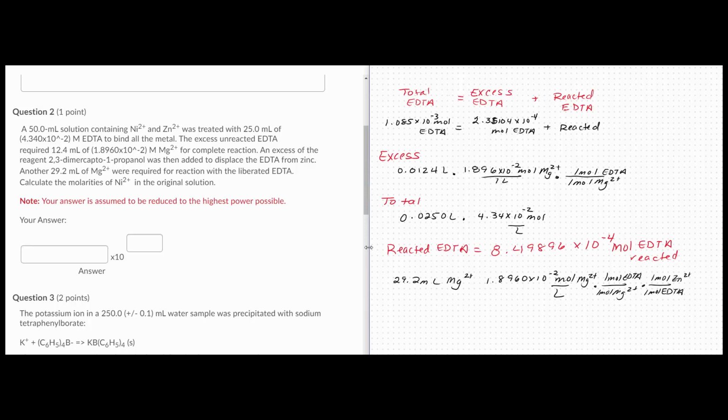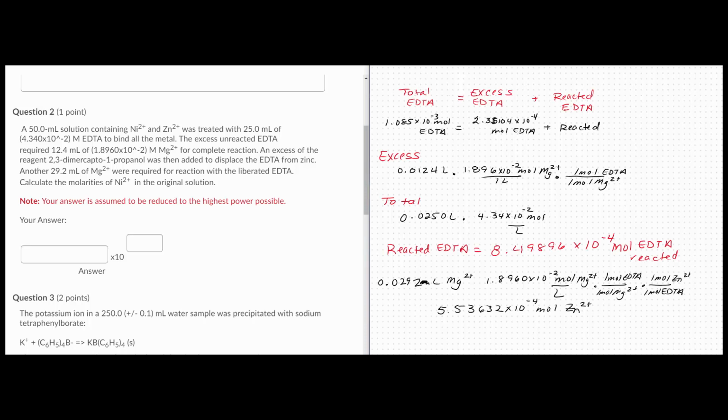So I'm actually calculating how much zinc reacted, but I need to convert this into liters, 0.0292 liters. So I get that there were 5.53632 times 10 to the negative 4 moles of zinc.